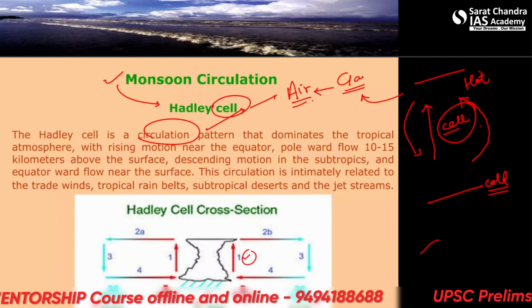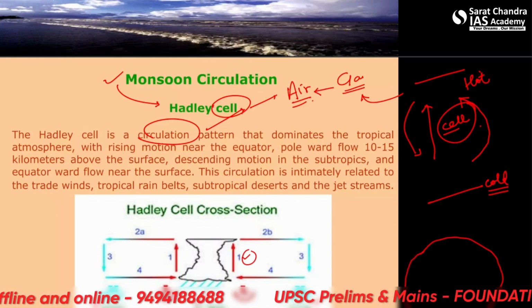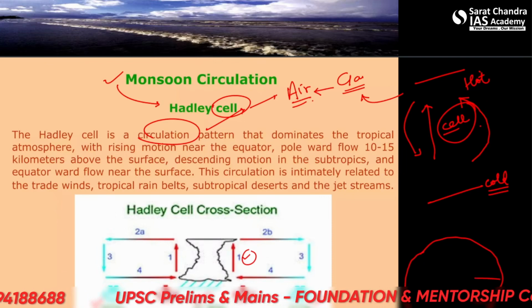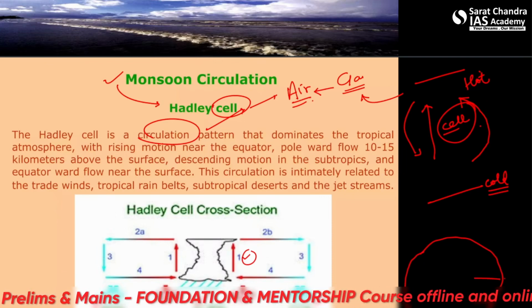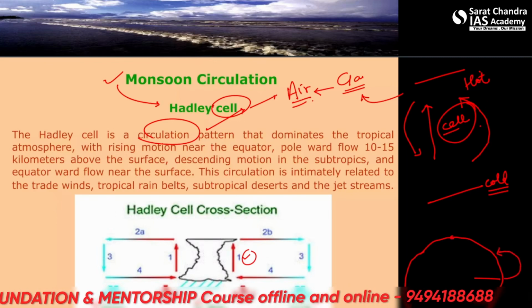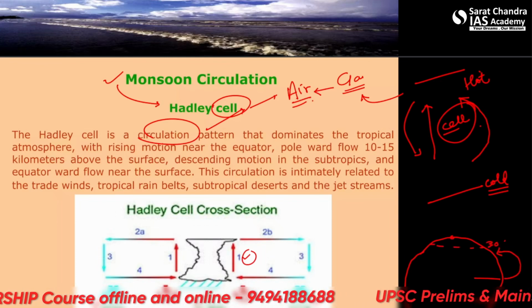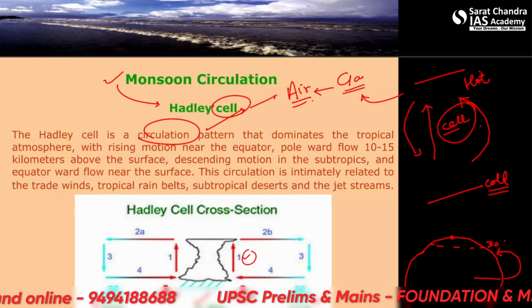So let's say if we make the earth like this, we are talking about this situation. Alright, and the air is going towards the north. So this is 0 degree. Let's say we are talking about a 30-degree north, and then it is coming down.